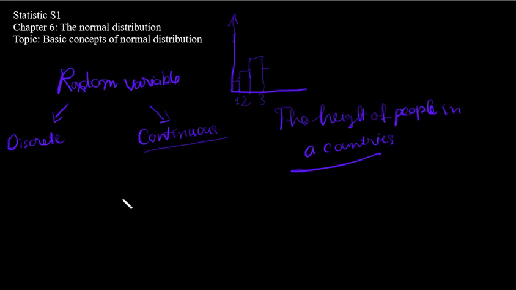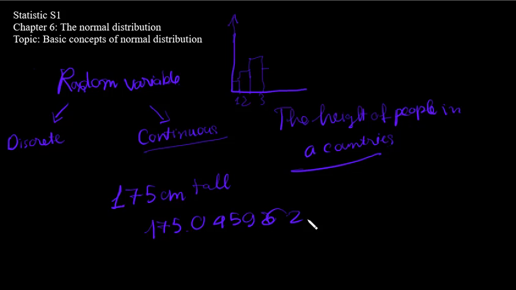We can say a person is 175 centimeters tall, but actually that person can be 175.0496210. We cannot take on any specific value because this goes to infinity.